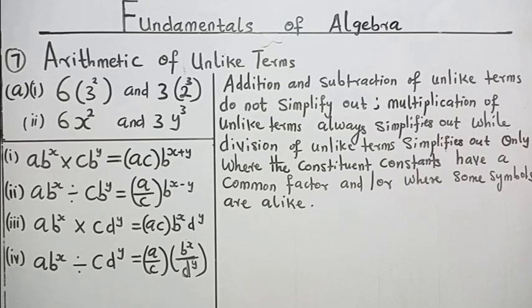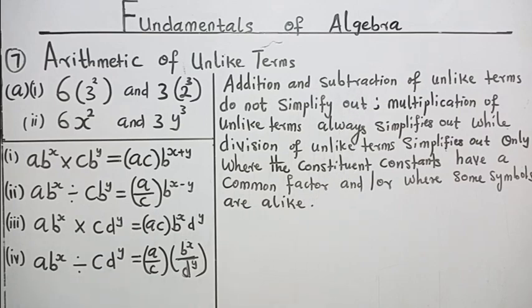Please take your time to analyze this statement in the light of what we've been doing all along. With this alone, you can find out how to tackle unlike terms each time they appear in number operations. Most important is this first statement, that we don't get anything simple when we add or subtract unlike terms.